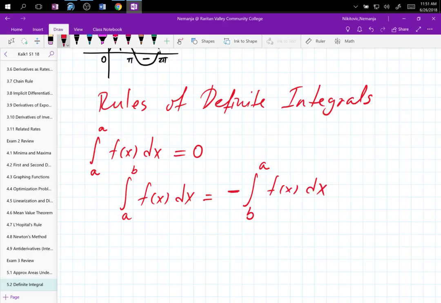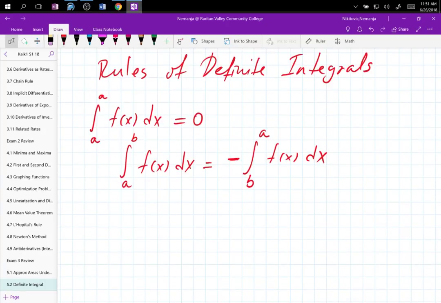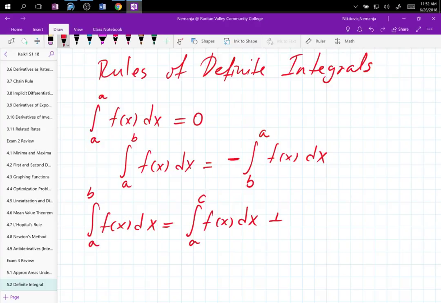And finally, the third one is the one that we need to fix our sine problem: integral of a to b f of x dx can be integral a to c f of x dx plus integral c to b f of x dx for any c in AB.